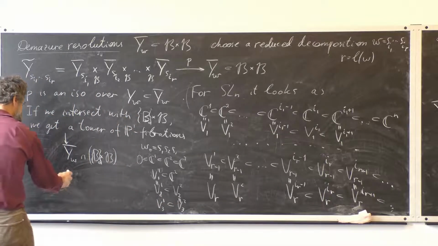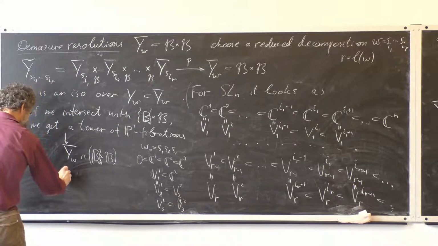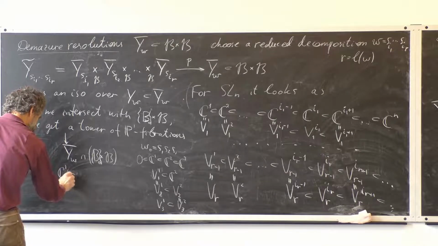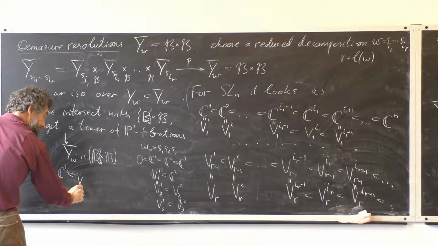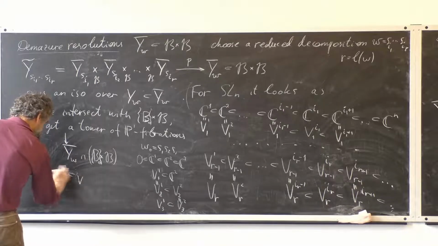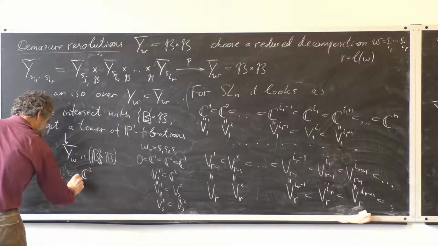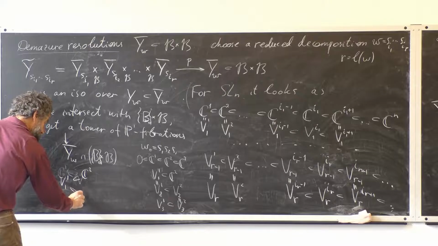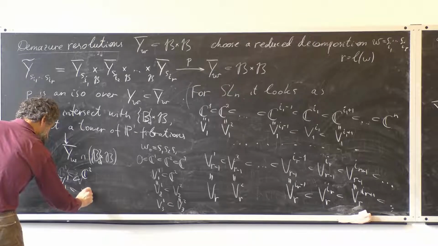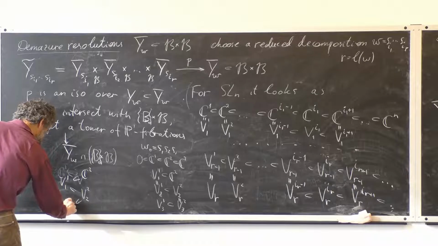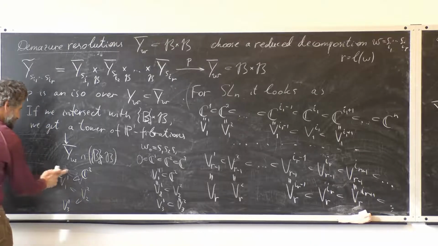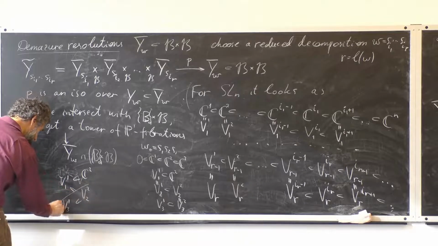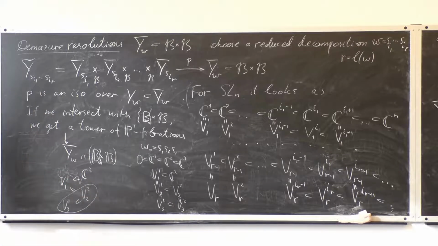So altogether I have a chain: C1 containing V^1_1, C2 containing V^1_1, this contained in V^2_2, and this contains V^3_1. This will be my resulting flag in the end.